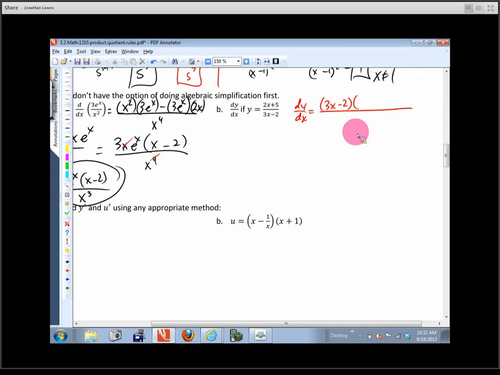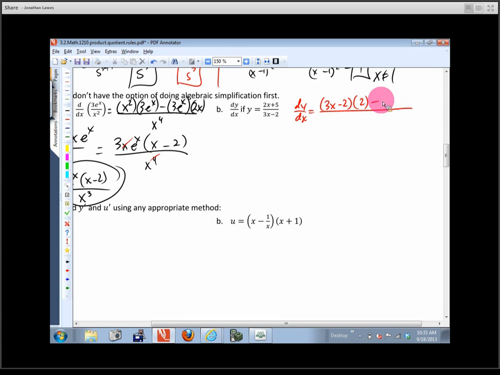Derivative of the top. Let's stare at 2x plus 5 for a second. The cool part about this is you really get to completely ignore all of this stuff and just look at 2x plus 5. It's kind of like chunking or just compartmentalizing. We need the derivative of the top. 2x plus 5. The derivative of 2x is 2. Derivative of 5 is 0. So this is just a 2.